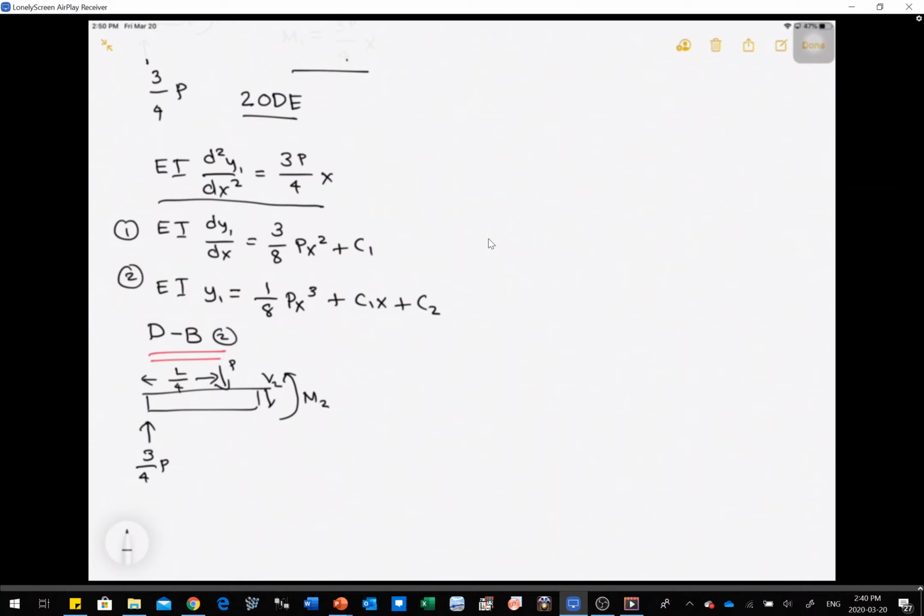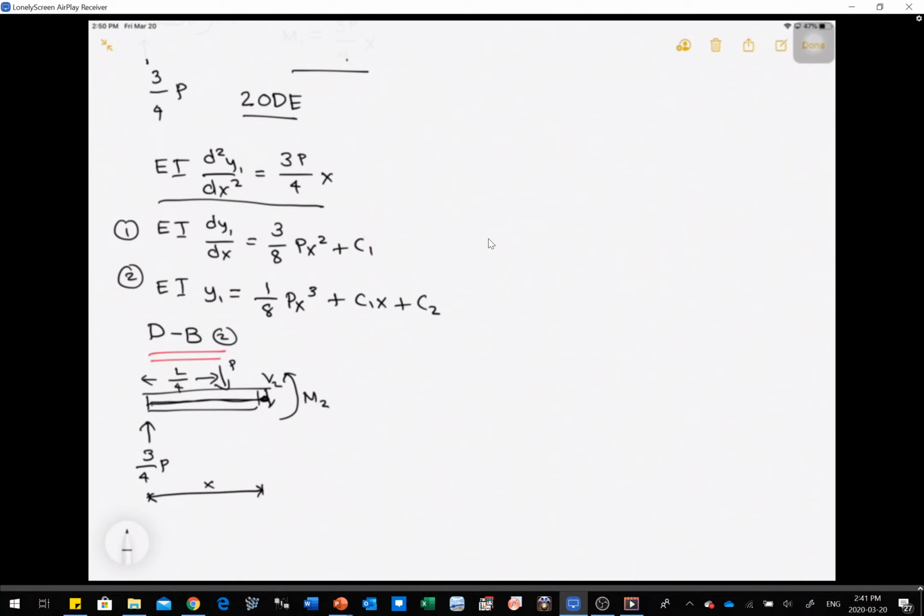We can even call this one V sub 2 right here. And then this is going to be the value of our X, this whole thing here. Now, to get our moment at this point, from this point up to 3 over 4 P, you have length x.